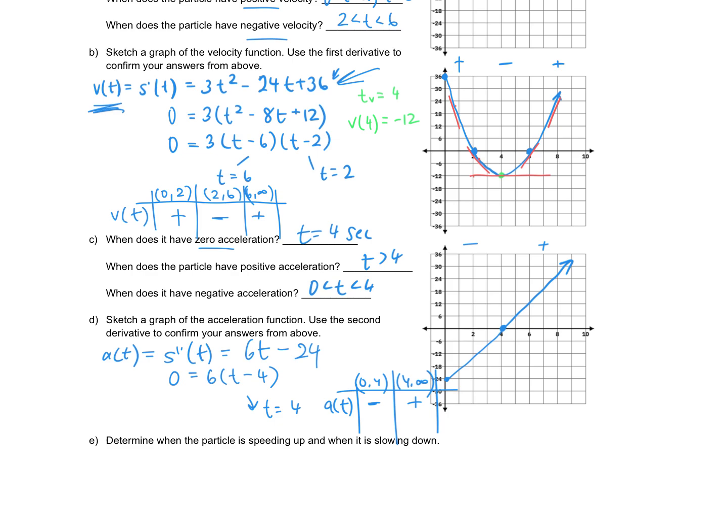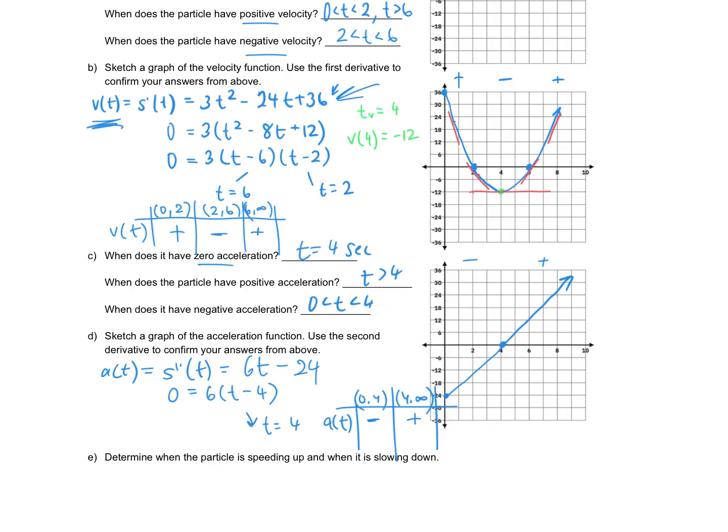And now finally, let's determine when the particle is speeding up versus when it is slowing down. First, I'm going to look at our original displacement function to make a little prediction. Then I'll do it algebraically using velocity and acceleration.